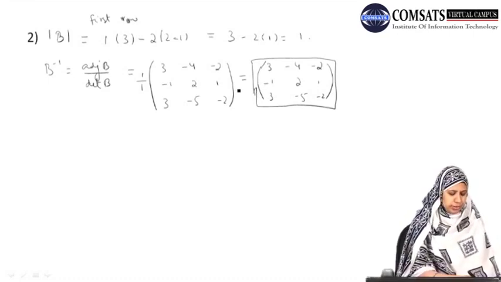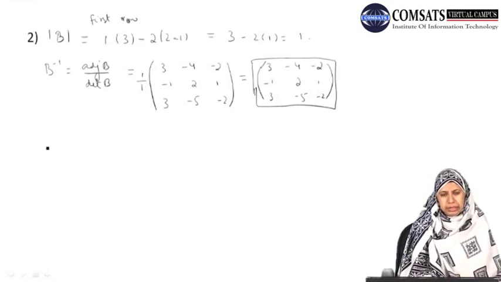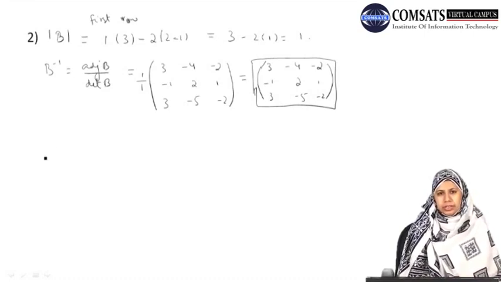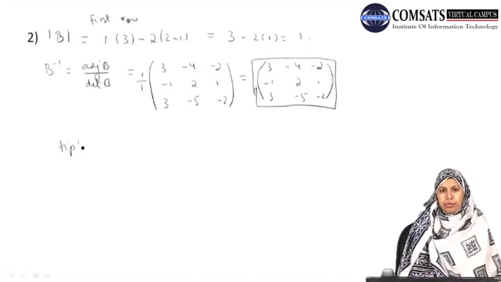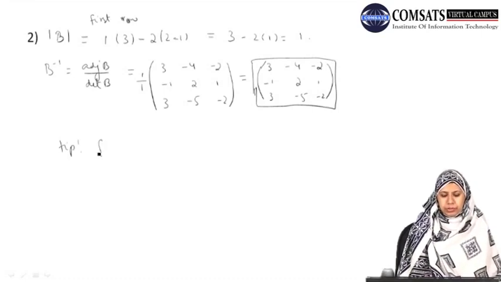Now this method of finding the inverse may be a bit lengthy, but if we are asked to find the inverse of a matrix by using this method of cofactors, then before proceeding, the first step is to find the determinant.